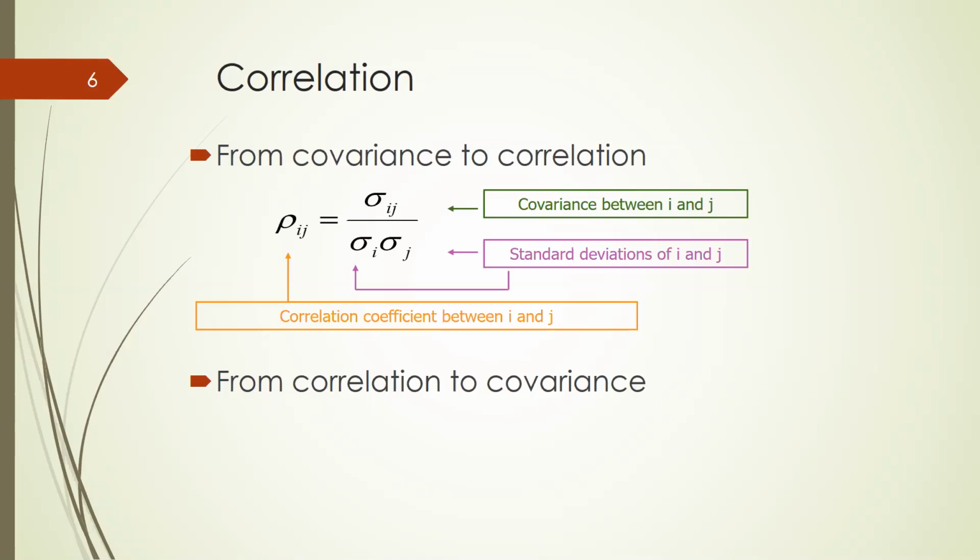Conversely, you can move from correlation coefficient to covariance by multiplying rho by sigma I and sigma J.